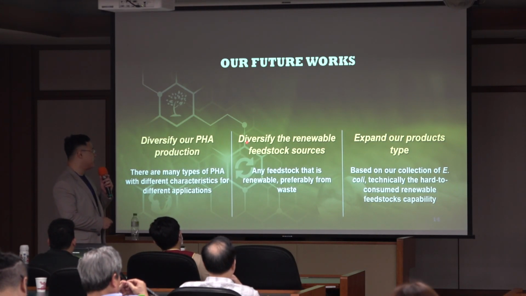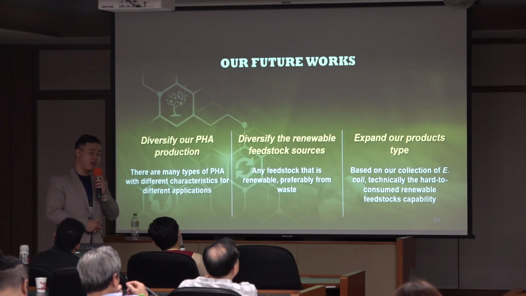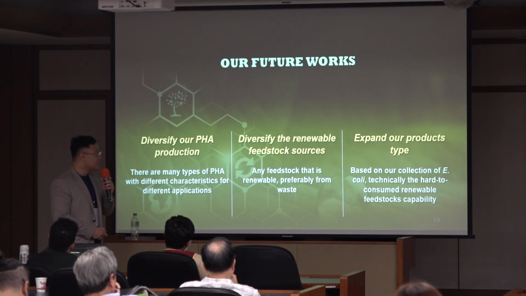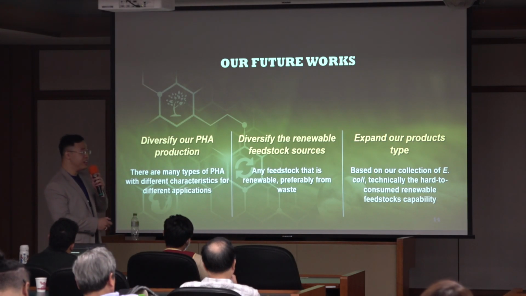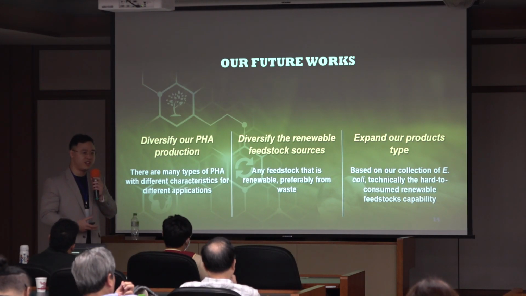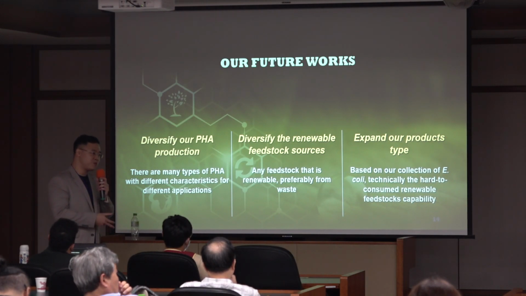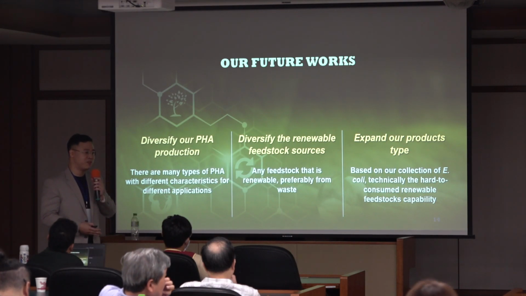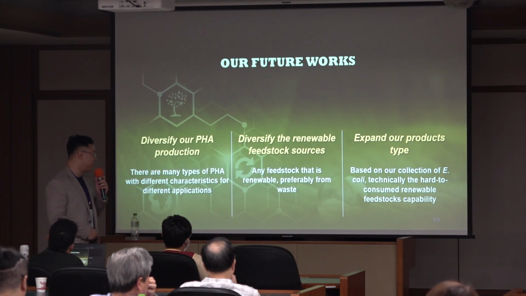And another thing is to diversify the renewable feedstock sources. So our topic is about green chemistry, right? So we are supposed to have as many solutions as possible to utilize those wastes to produce something valuable to our economy, right?